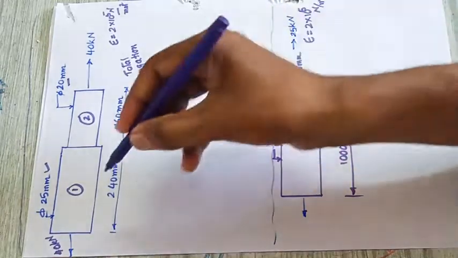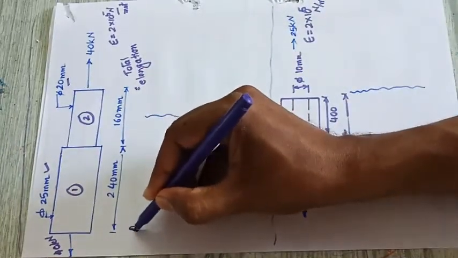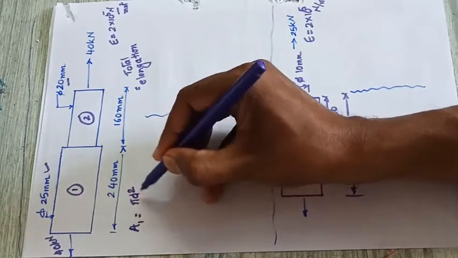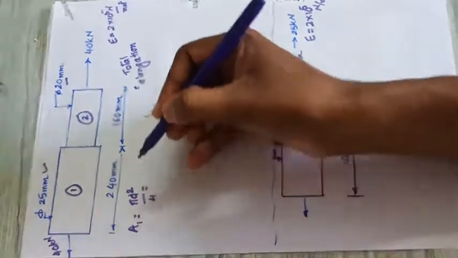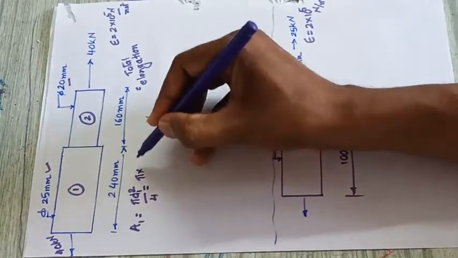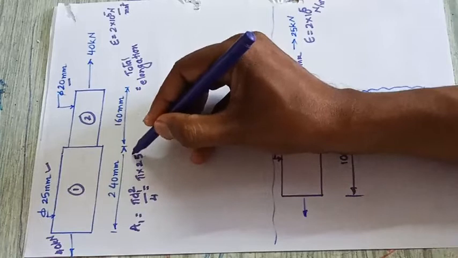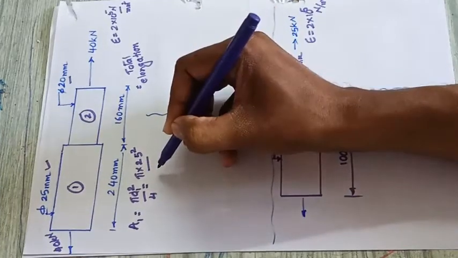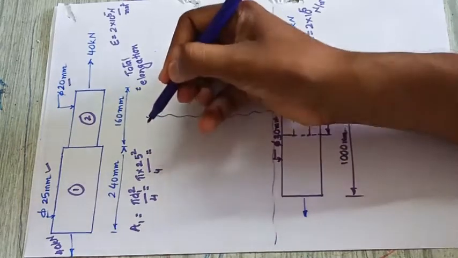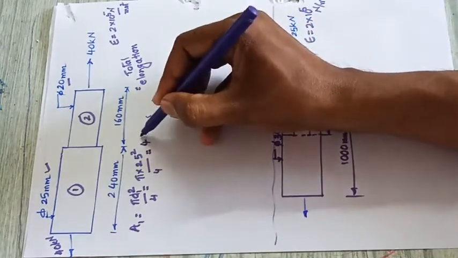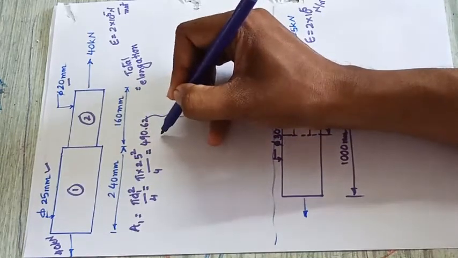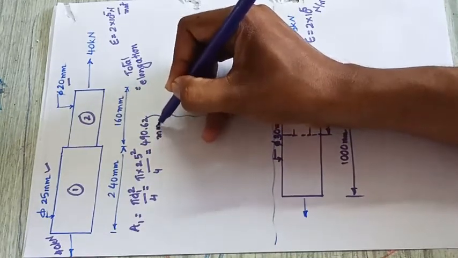Okay, first thing, I will find out the area. A1 is equal to pi d square by 4. So first one I will write here as d1. So pi, diameter is 25 square by 4. This is equal to 490.62 mm square.